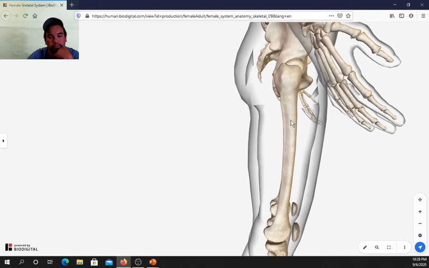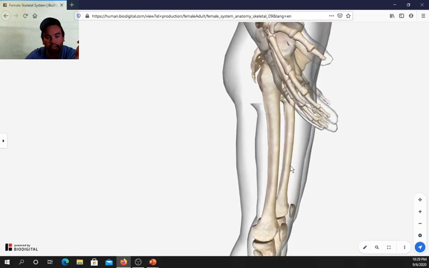So if this was to most likely fail, what side would it be on? It'd be on this convex side over here because it's already being bent that way, right? So it's already going to be weaker on this side because it's already under a little bit of tension on this side because it is convex. Whereas over here it's a concave side, so it's being compressed, and we know bone is better at handling these compressive forces. So if it's going to break, it's going to be here.